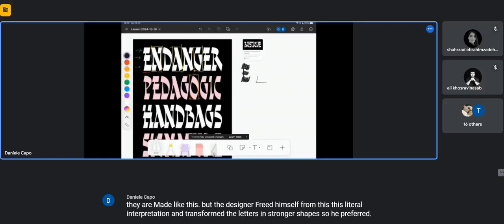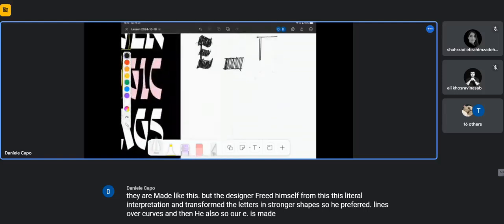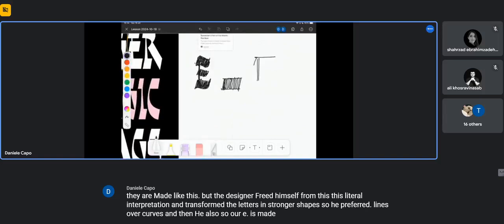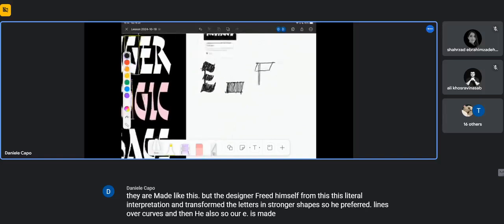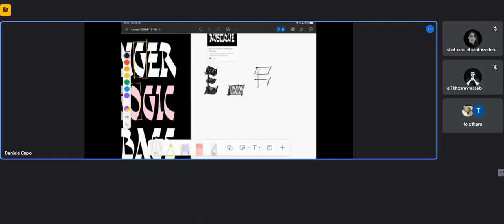So he preferred lines over curves. And then he also, so our E is made like this.